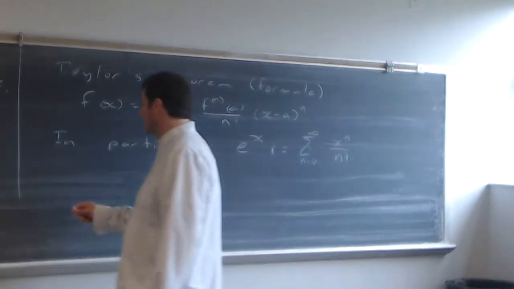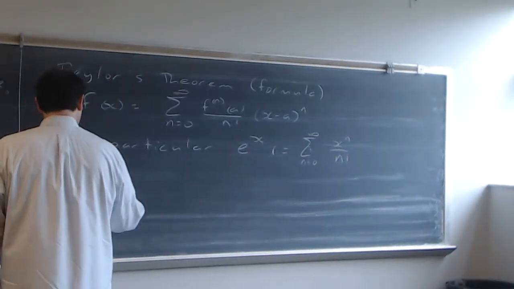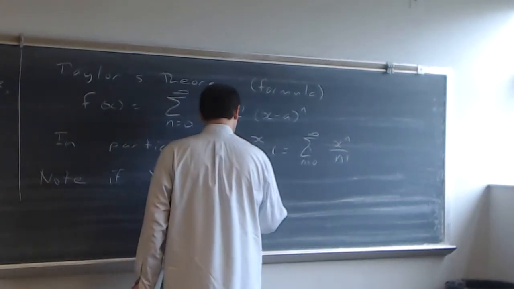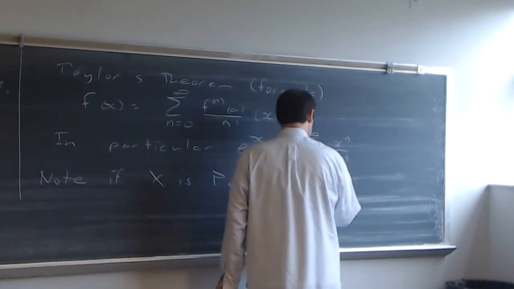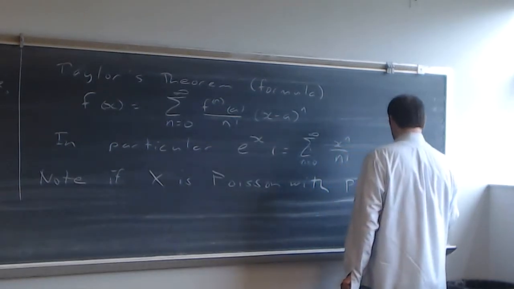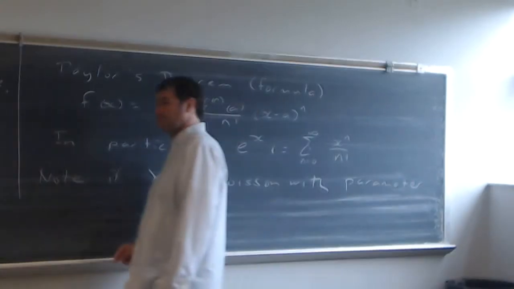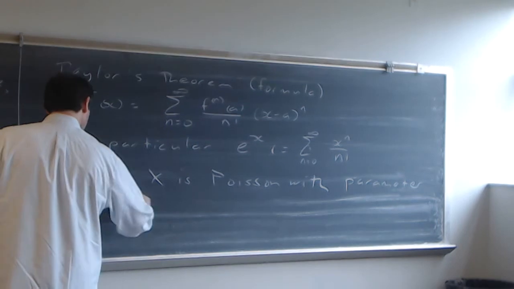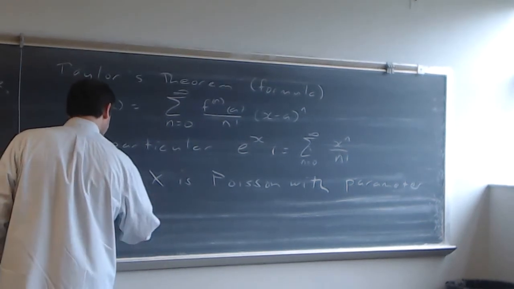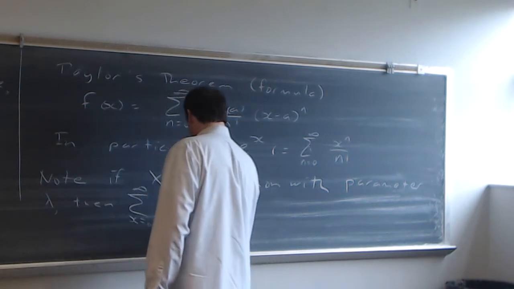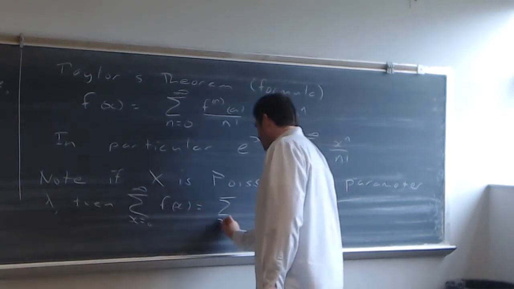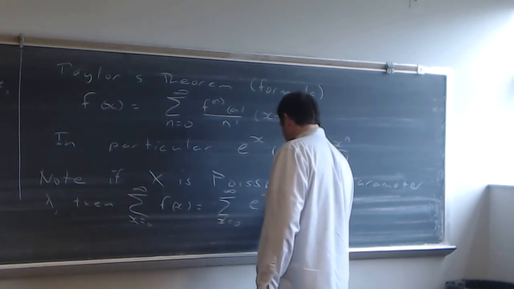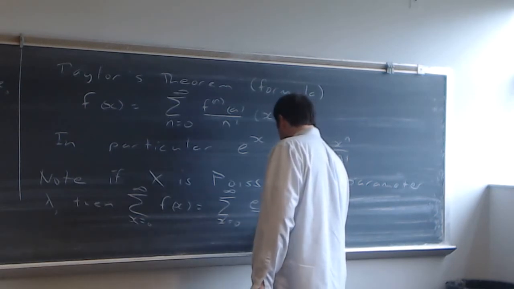All right. So note, if X is Poisson with parameter lambda, then the sum as x runs from 0 to infinity of f of x is equal to the sum as x runs from 0 to infinity of e to the minus lambda, lambda to the x, all over x factorial.